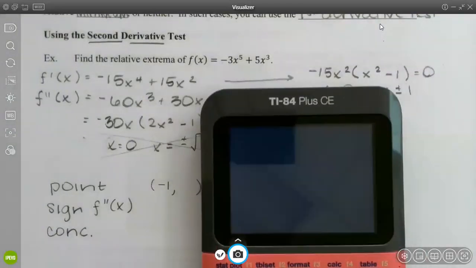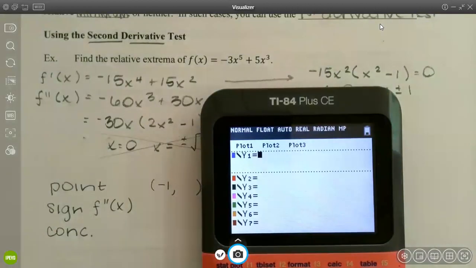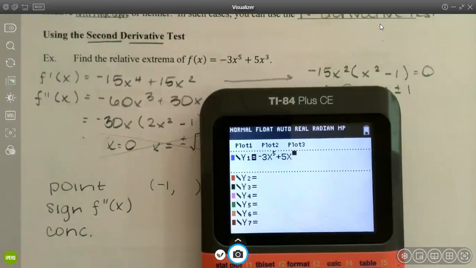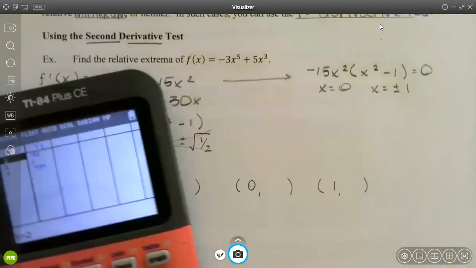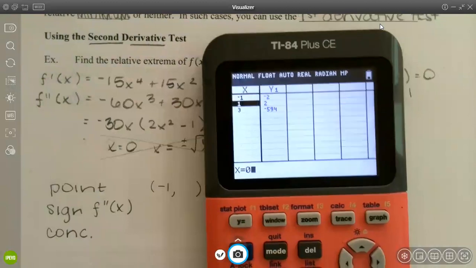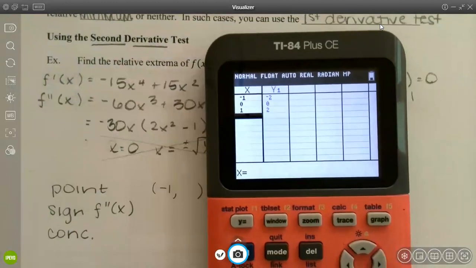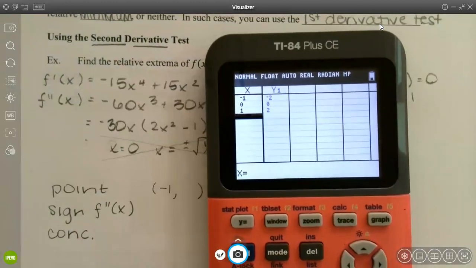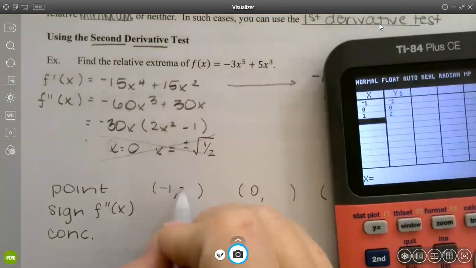So again, I'm kind of lazy, so I'm going to put it into y equals, because I can get it done all at the same time if I do this. So negative 3x to the fifth plus 5x to the third. And then my values that I'm plugging in are negative 1, 0, and 1. So when I plug in negative 1, I get negative 2.